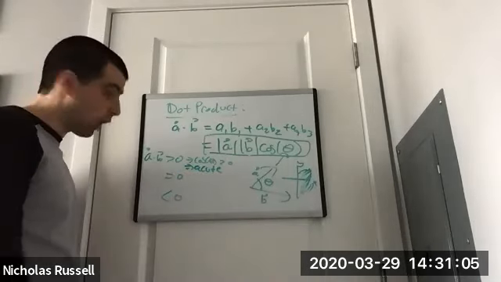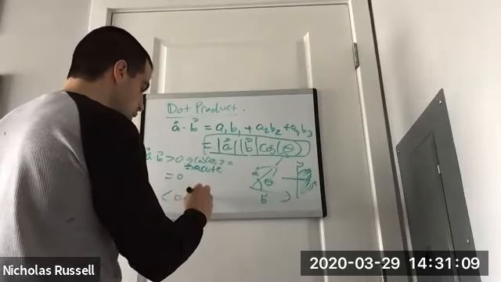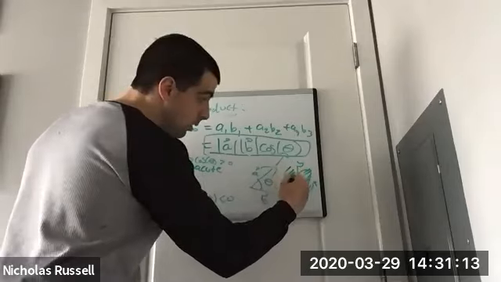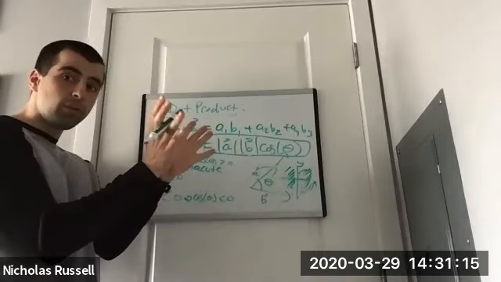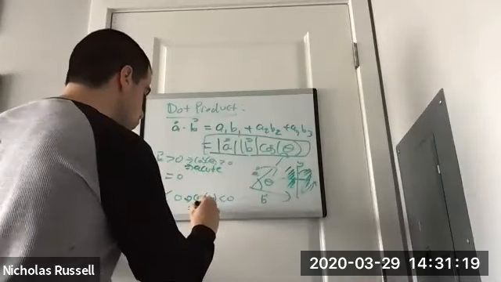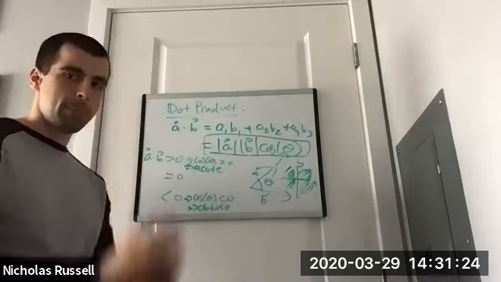If it's less than 0, I'm going to skip the one in the middle for a second. If this is less than 0, cosine of theta is less than 0, which means they make an angle from about 90 to 180 degrees, which means they're obtuse. They make such a wide angle.